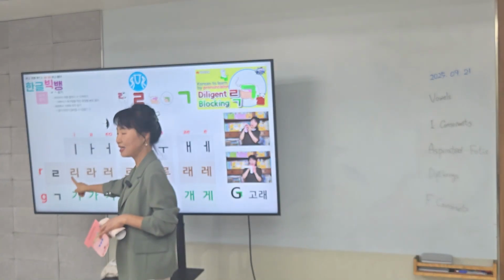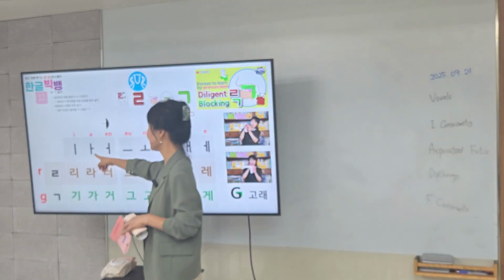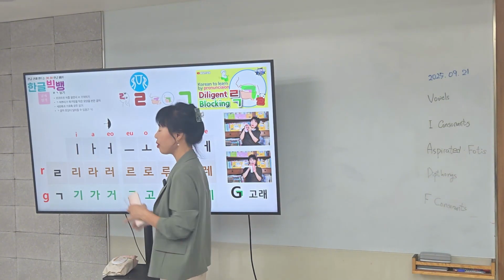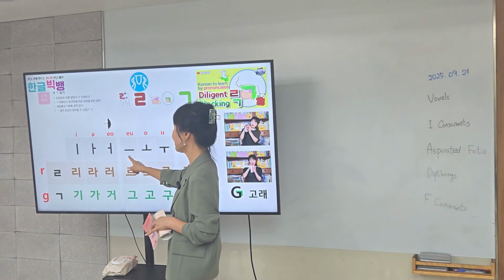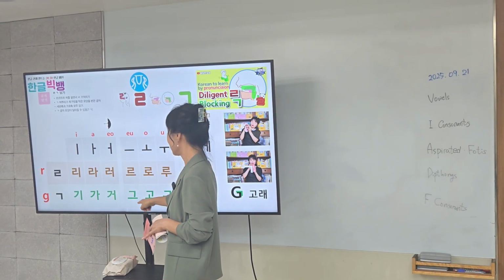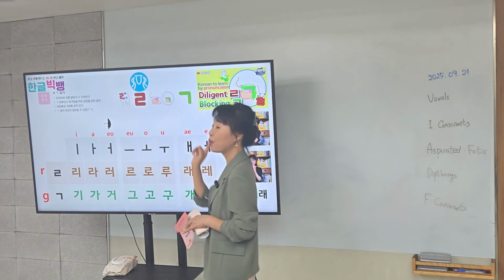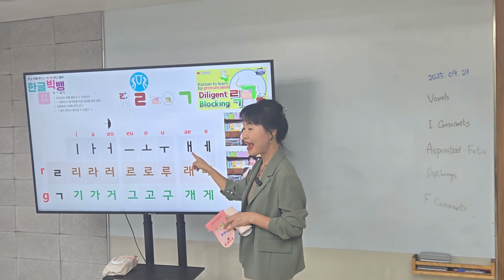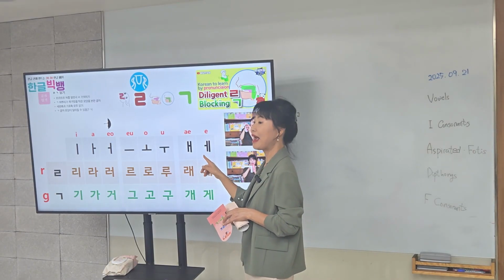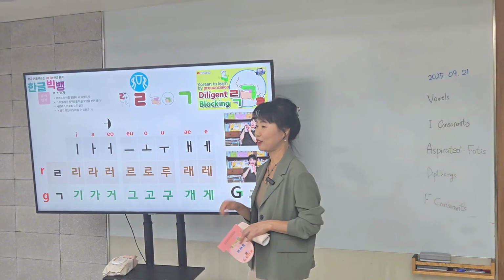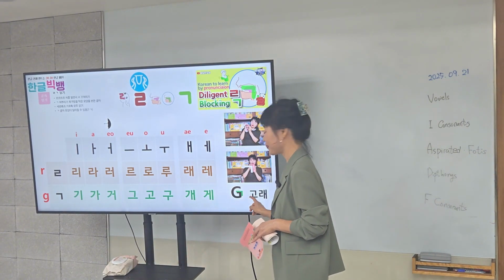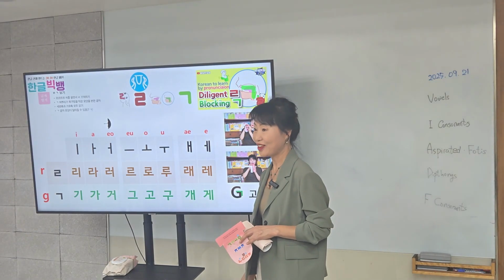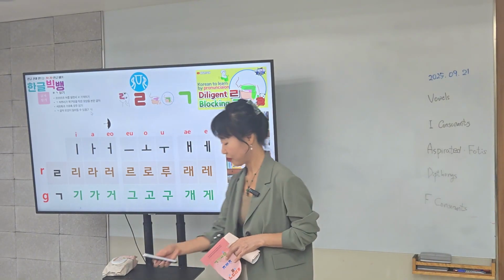So E, Li, Ki, and A, La, Ka, and O, Lo, Ko, U, Lu, Ku, E, Le, Ke. Good job. So can you read this word? Kore. Kore means whale, the largest animal on earth.